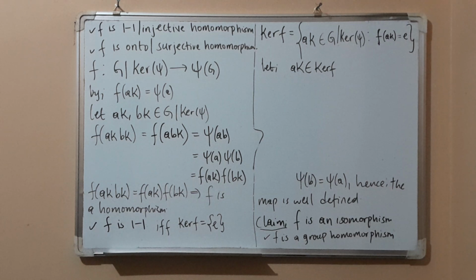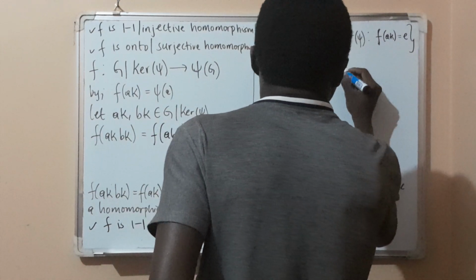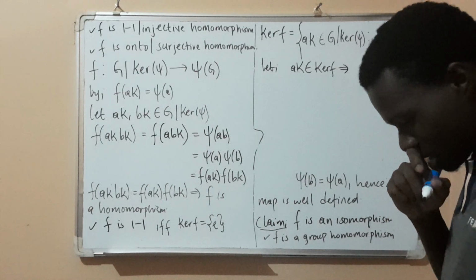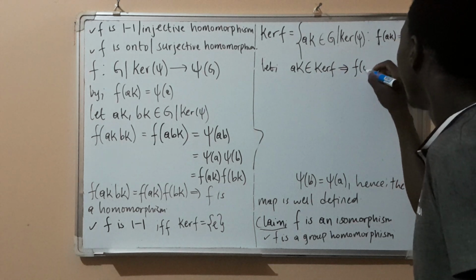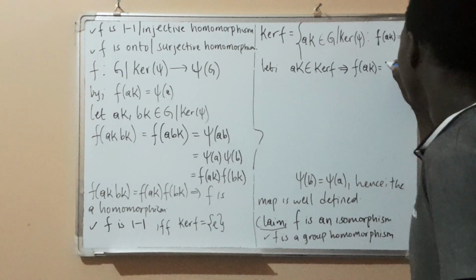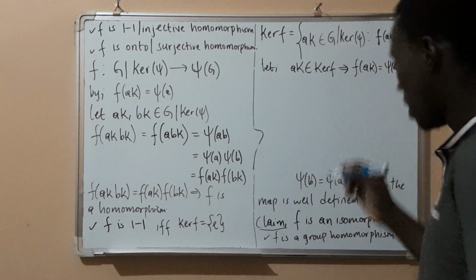So if AK is an element from the kernel of F, this implies that it is mapped to the identity, and in particular, F of AK, which is phi of A, is equal to the identity.